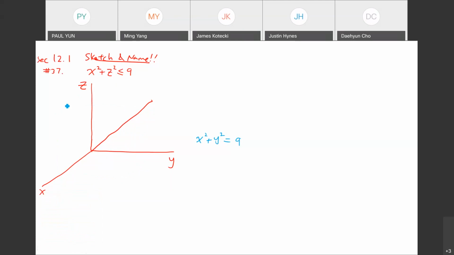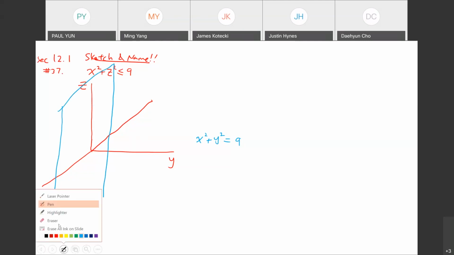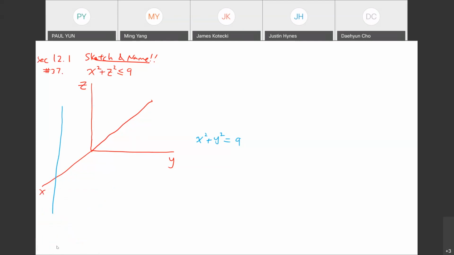It's about when z equals 0. What is it? X and, oops, I made a lot of mistakes here. Z, right? It's a Z.